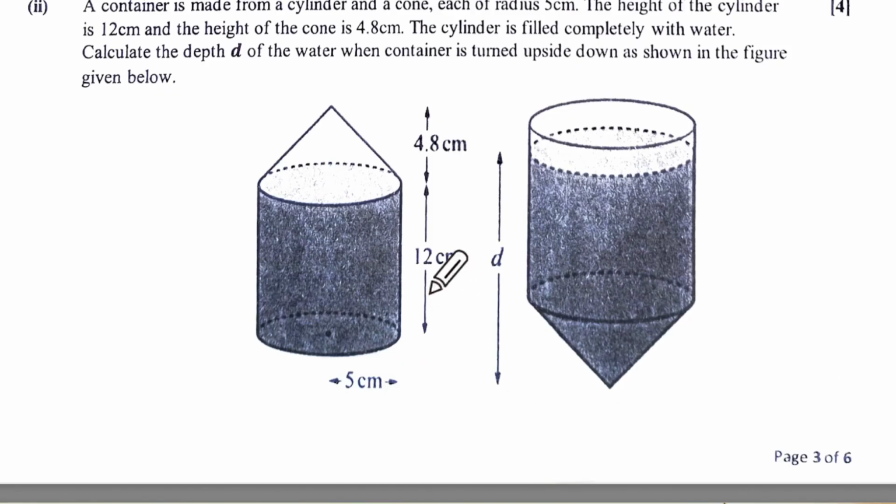Now this doesn't look like a very easy question, but I'll tell you one shortcut which will make it look easy. To begin with, you will have to show the diagram. So show the cone, show the base of the cone, draw this way.